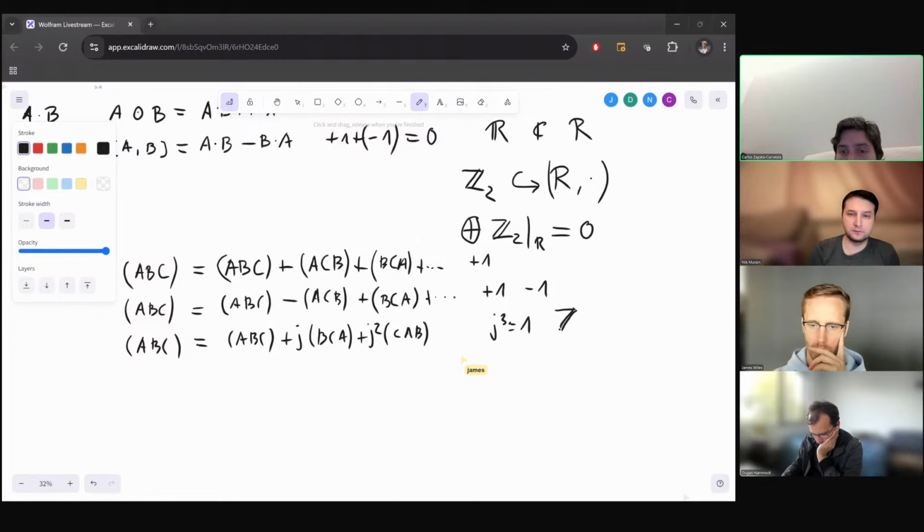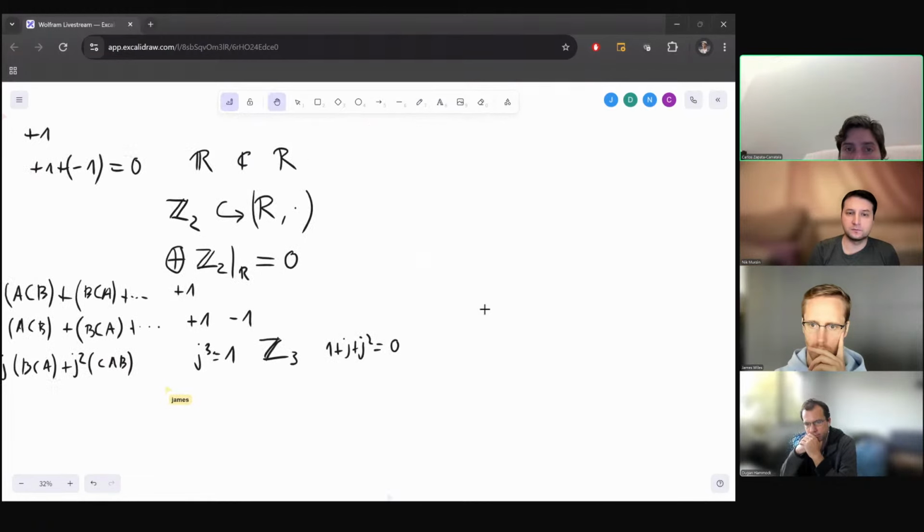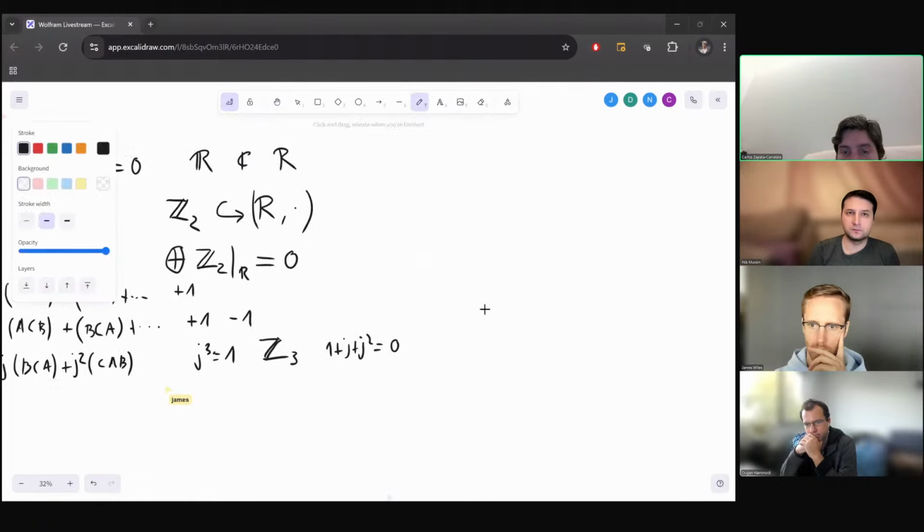So that's what J cubed equals 1 means, that we have a copy of Z3, but it's cancellative because if you represent this in the complex plane, 1 plus J plus J squared equals 0. The picture of this is very simple. You have something like this: you have 1, you have J, and you have J squared, and this is in the complex plane.